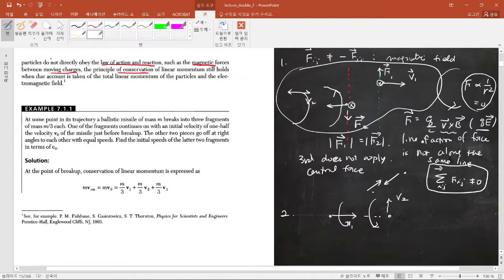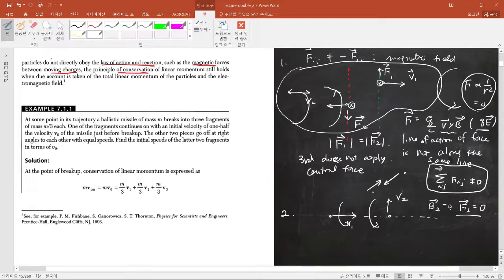But here, at this moment, the particle is along the line of this motion, and therefore B at position 2 is equal to 0. Therefore, F2 is equal to 0. The magnetic force Q over C V cross B is 0 because B itself is 0, because this charge is on the line of motion of V1.